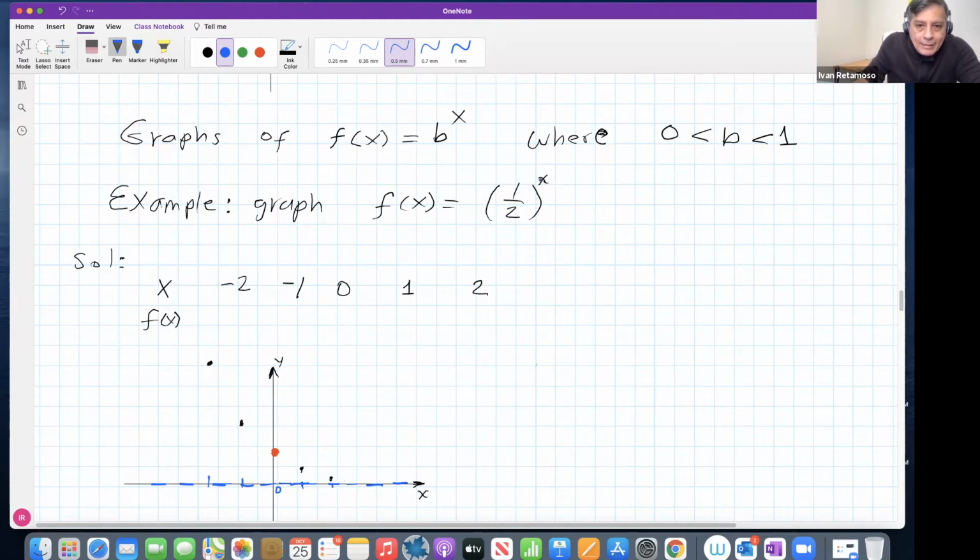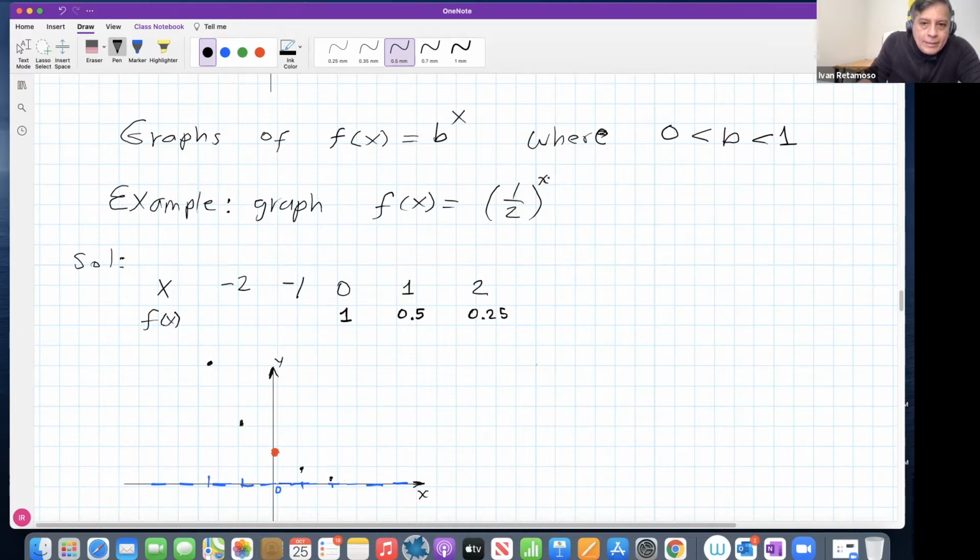Look, 1/2 raised to 0 is just 1. Remember, any number raised to 0 except for 0 itself is just 1. Now, 1/2 raised to 1, what's that? Well, it's 1/2, 0.5. 1/2 raised to 2. 1 raised to the second power 1, 2 raised to the second power 4, a quarter again, 0.25. 1/2 raised to -1.